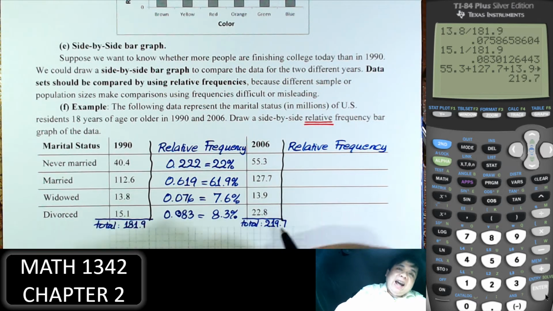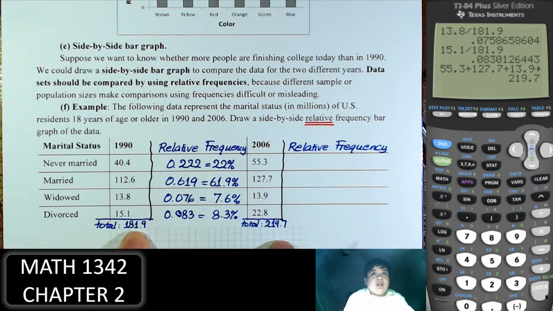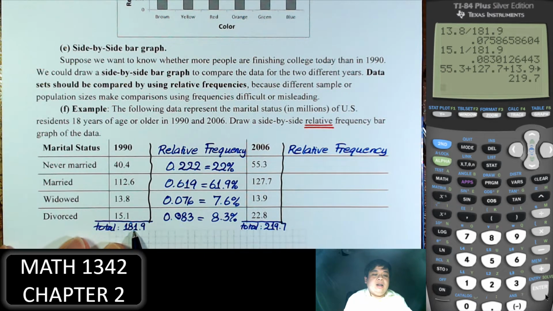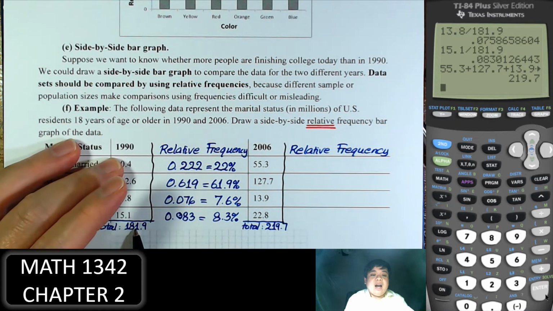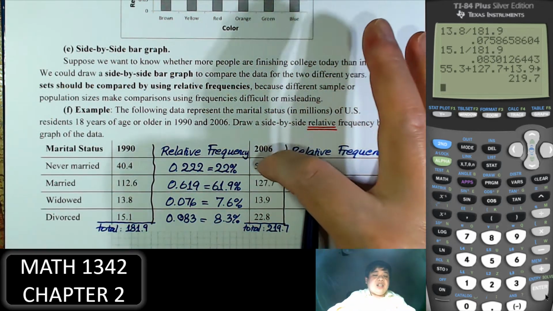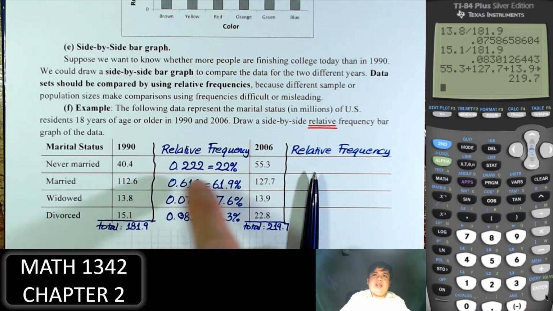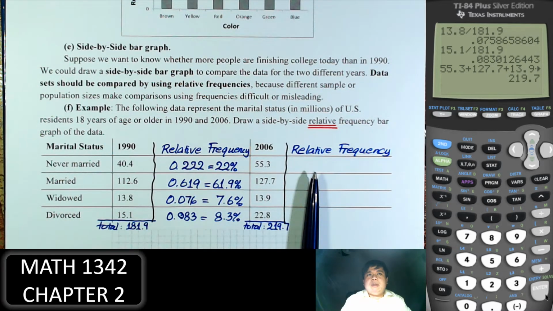Now, because the total numbers are different, we cannot use the frequency. Think about that. If we have 181 million people in 1990, and then we have 2006, in 2006 we tend to have bigger numbers, so that's not really comparable.